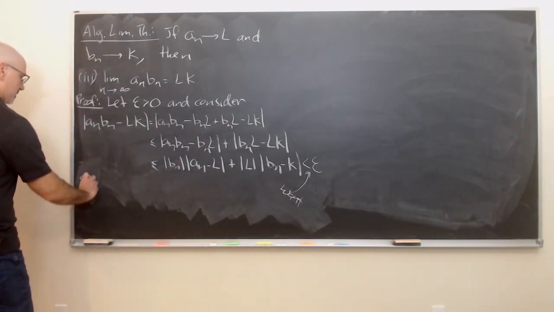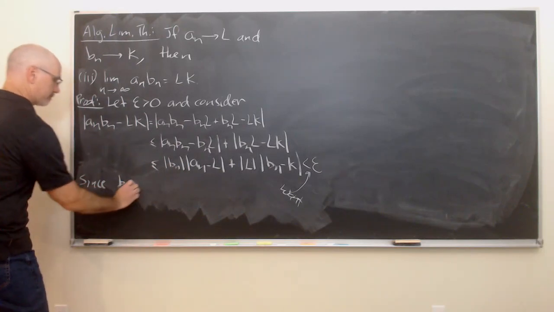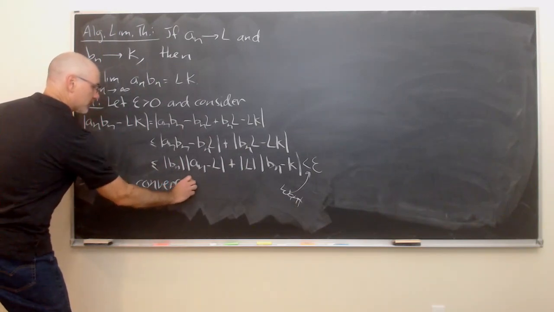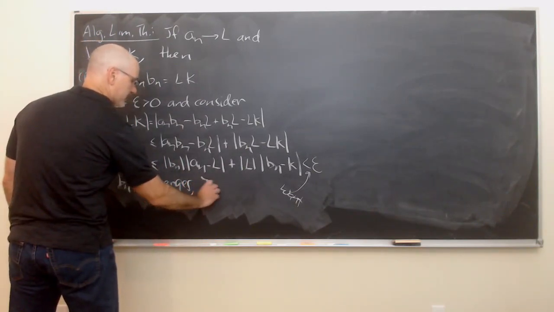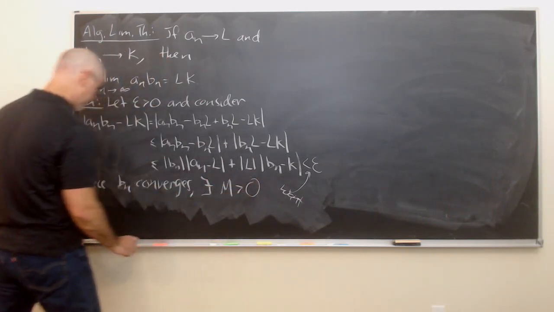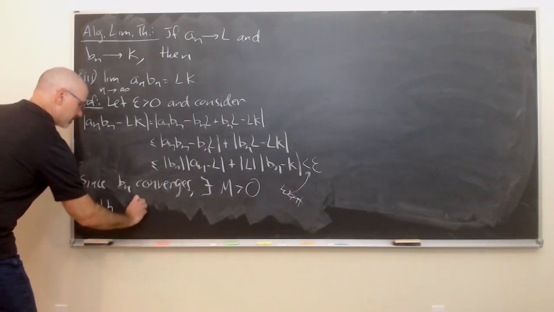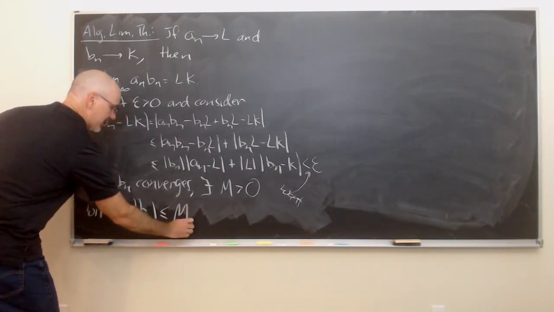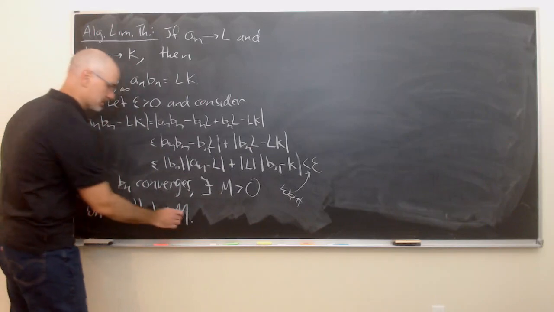Since B is convergent, since Bn converges, there exists some positive capital M with the absolute value of Bn less than or equal to capital M for every member of the sequence, for all n's.